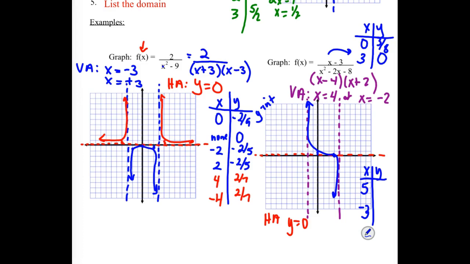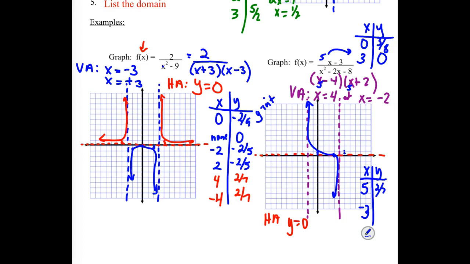If I put a 5 in the factored version, okay, top is 5 minus 3 or 2. So numerator is 2. Denominator, I have 5 minus 4, so a 1. And 5 plus 2 is a 7. 1 times 7 is 7. So I'm at 2/7 when x is 5.